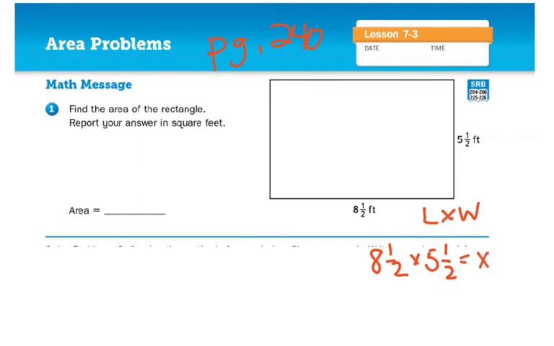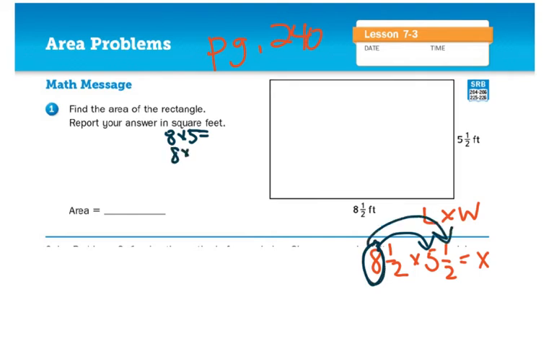So in this particular problem, we are going to go ahead and multiply. Let's start by multiplying, and I'm just going to write down all of the things that I need to multiply. So I'm going to start with 8 times 5. Then I need to take, I also need to take 8 times 1/2.